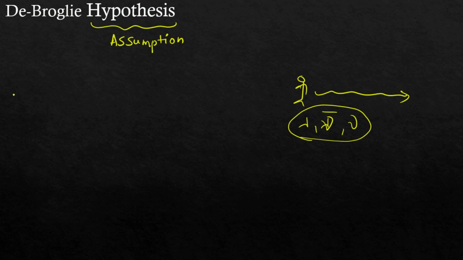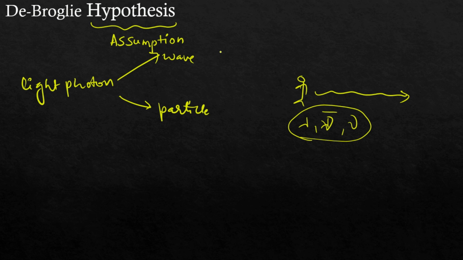As we know, light photon has both wave nature and particle nature. Let me start with the light photon. Light photon has both natures, wave nature and particle nature. Wave nature can be explained by Planck, and particle nature can be explained by photoelectric effect.